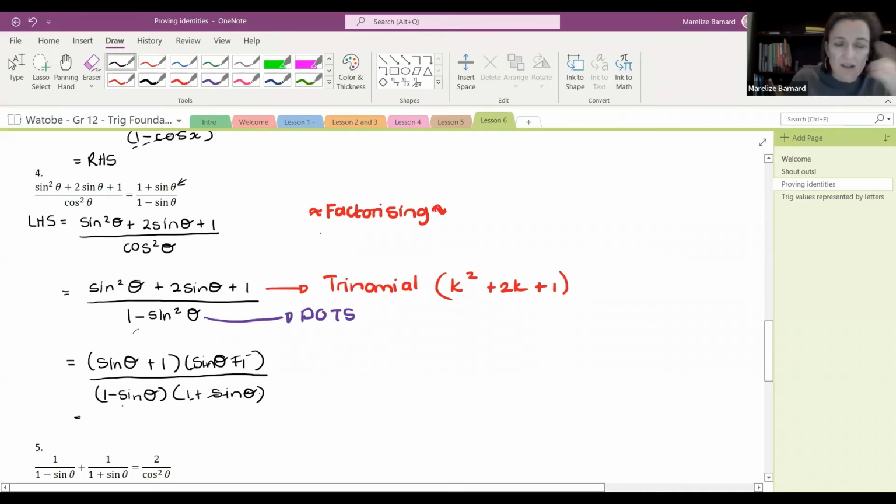And then the 1 minus sine theta. And that equals the right-hand side.